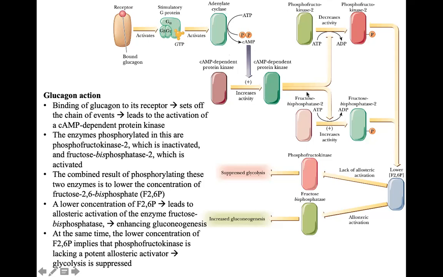It's quite difficult to understand these two, but just know that these are the two kinases involved after the cAMP-dependent kinase is activated. Increased fructose bisphosphatase activity can lead to low F26P. F26P is fructose 2,6-bisphosphate. This is the outcome, the molecule, not the enzyme.